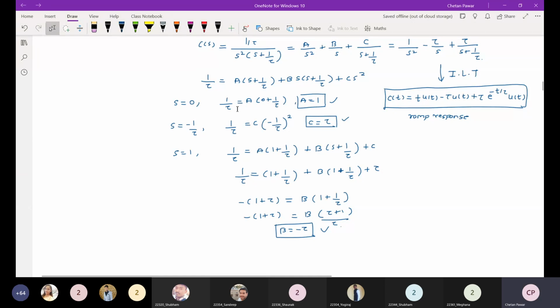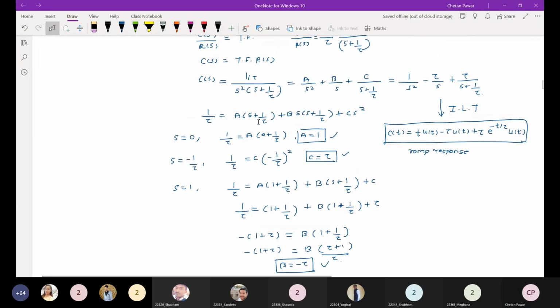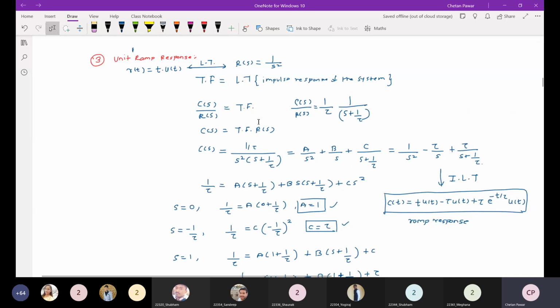So can you calculate the steady state error now? Calculate the steady state error and reply in the chat box. So you know the r(t) and c(t).